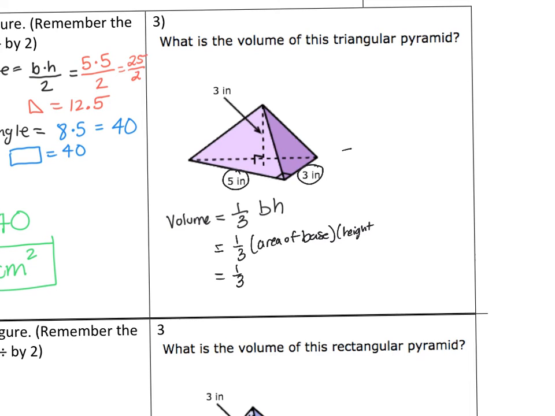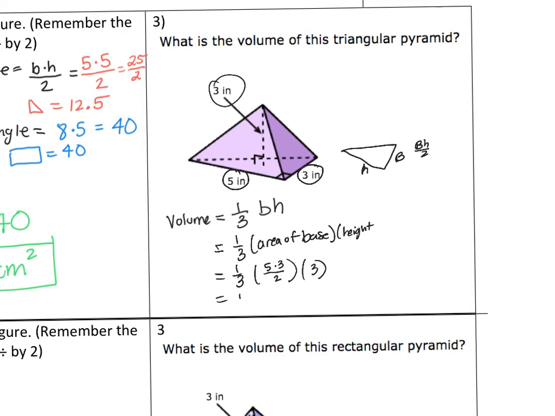The area of a triangle, if you guys remember, is the base times the height divided by 2. So the area of the base is going to be 5 times 3 divided by 2. And then the height, they give you the height, which is 3.